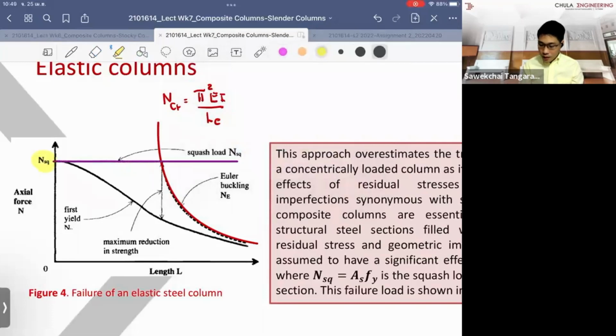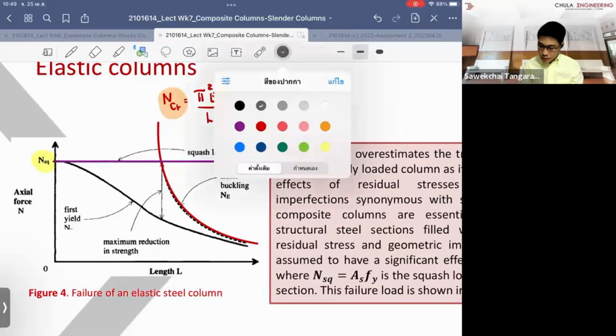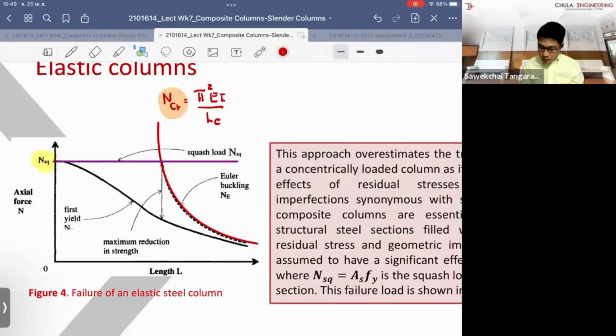And if we compare with N critical, we might see that theoretically, at some level here, if you have the length of the member on the x-axis, normally we use L over r as a standard ratio, and the member is so short, the thing that governs is the capacity of the material property, which is the rigid plastic property.